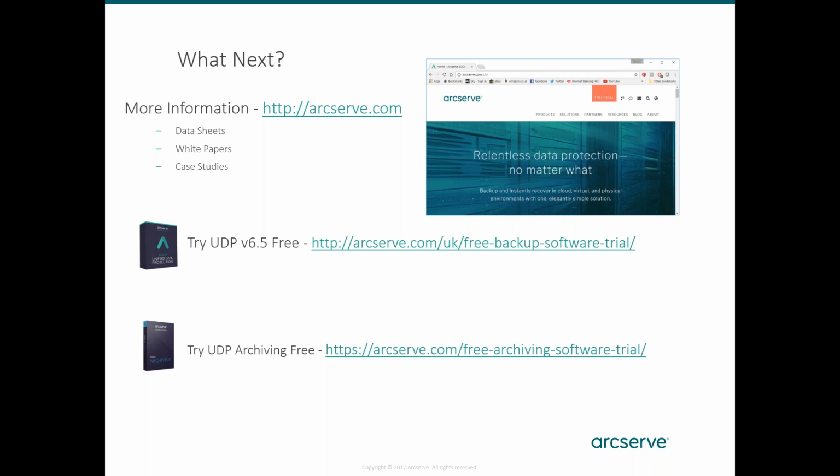We provide trial licenses purely for the Office 365 backup as well. If you are a UDP customer already today, you have your own socket license. If you want to test Office 365, contact your local representative, and we can provide you with trial licenses of the Office 365 backup solution.